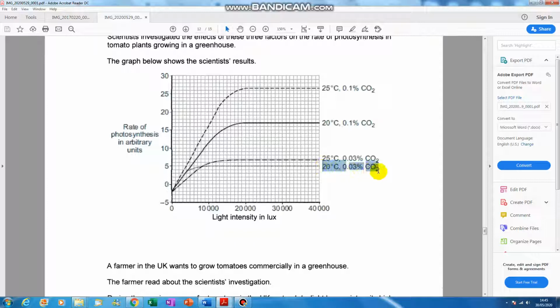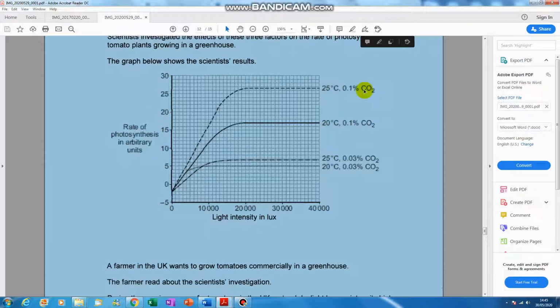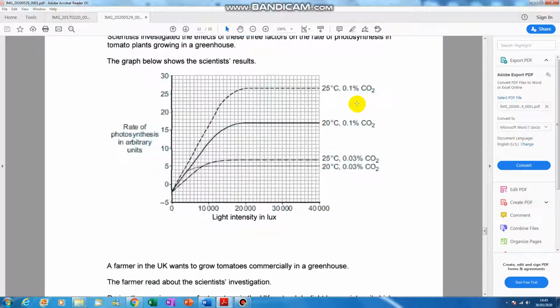So here's 20 degrees, that's at the lower concentration, and this is at your higher concentration, and photosynthesis is happening faster at the higher one. And similarly, at 25 degrees the story is similar. So you can see here the rate of photosynthesis is higher at the higher concentration of CO2 than at the lower concentration of CO2 here.